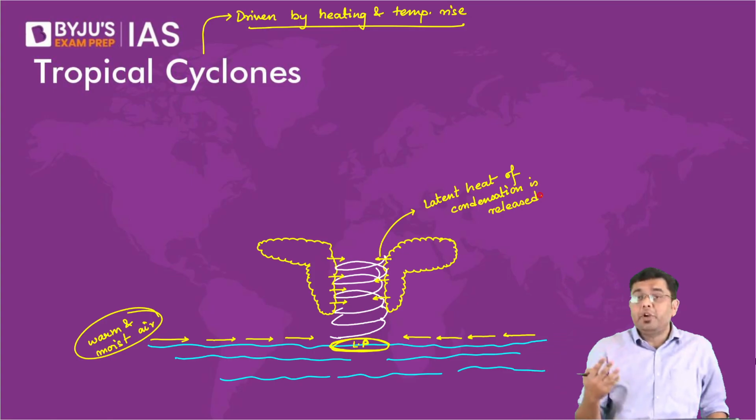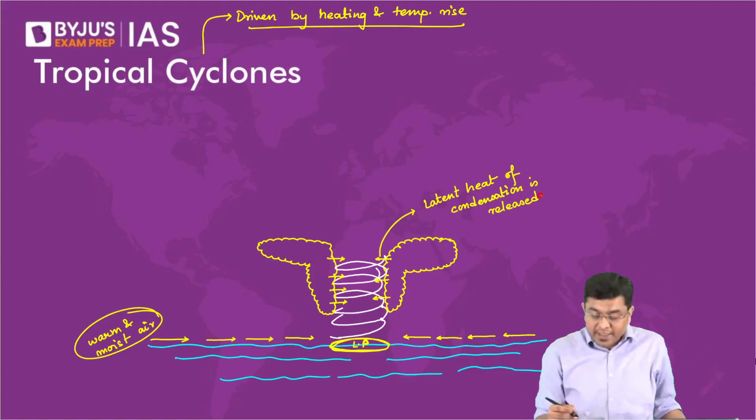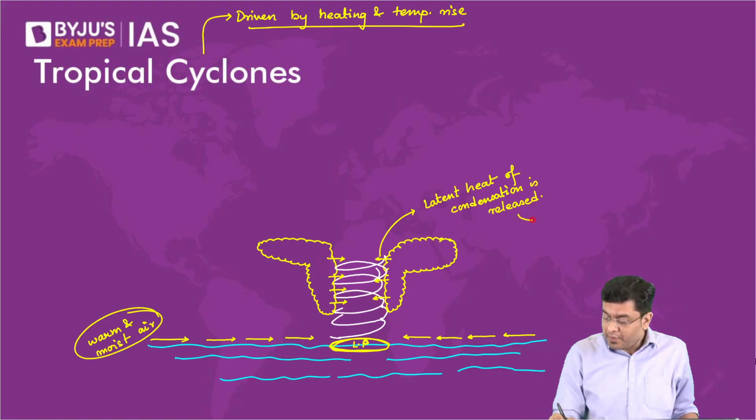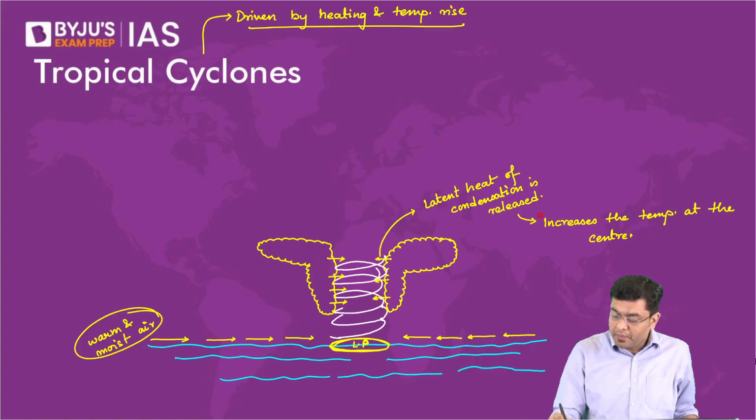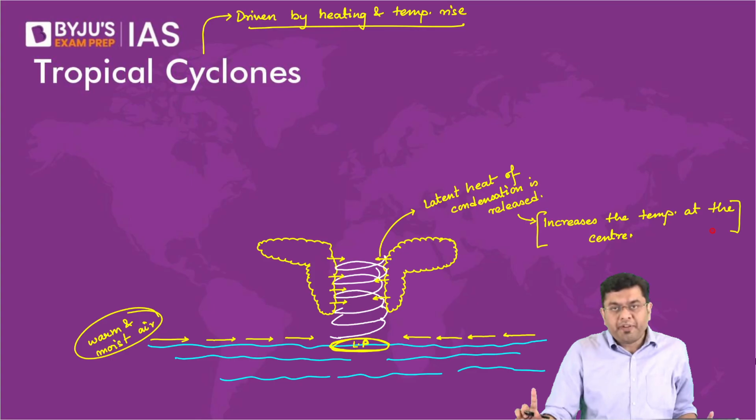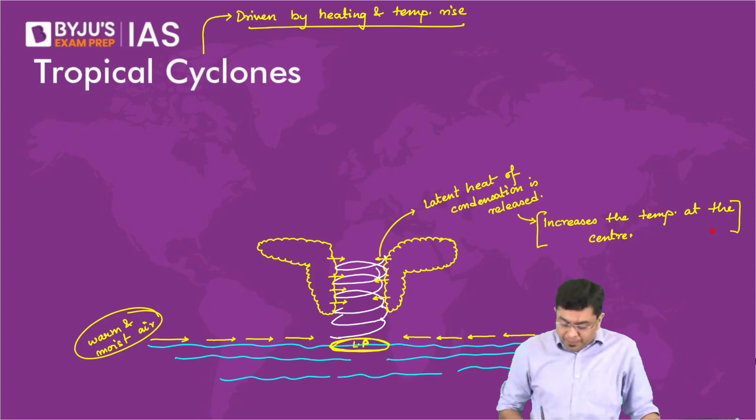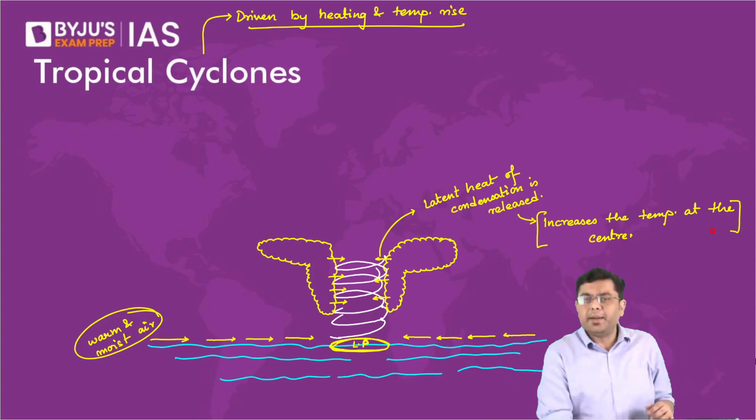So in the central portion, you will have a rising temperature. It increases the temperature at the center. Perfect. Now here, the center is heated up.